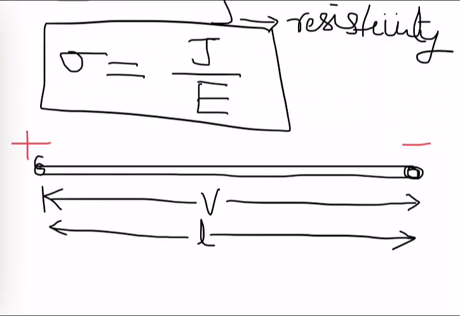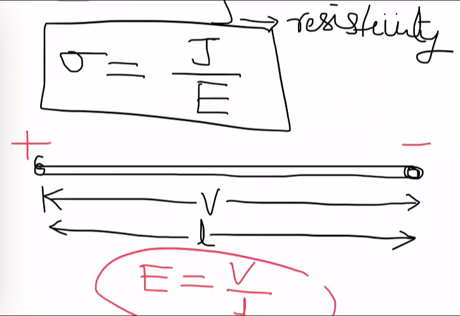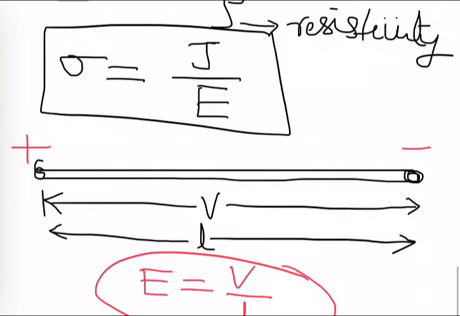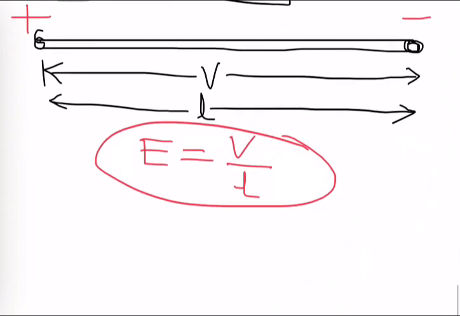Electric intensity E is equal to V by L, the potential difference per unit length.